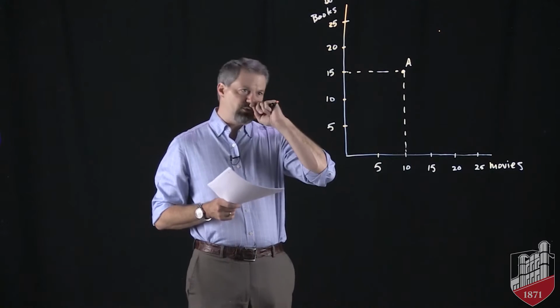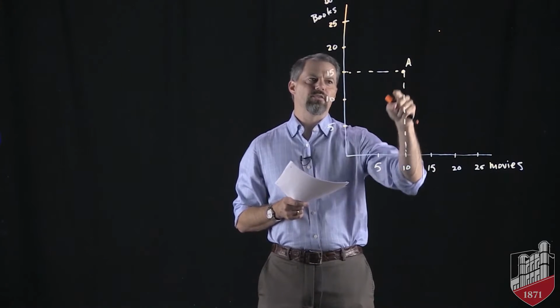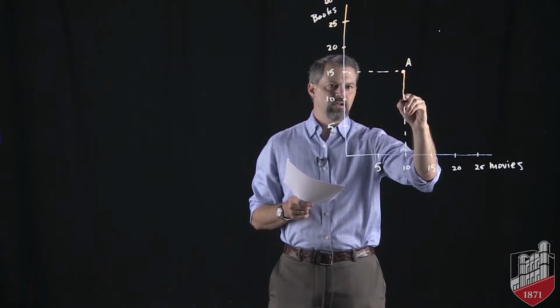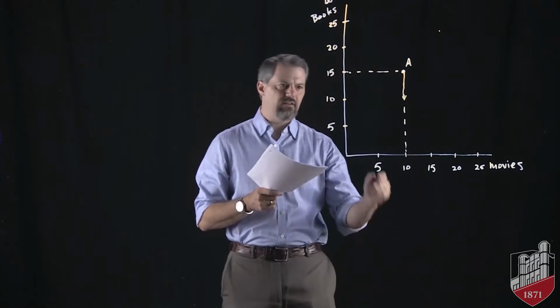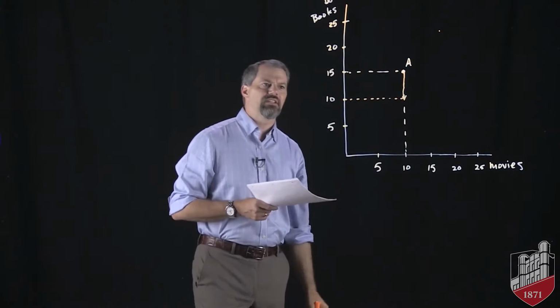But what we can do is think about taking some books away from the consumer. Let's suppose that we take 5 books away from the consumer. So we're going to move down to right here, where now they're going to have 10 books instead of 15.